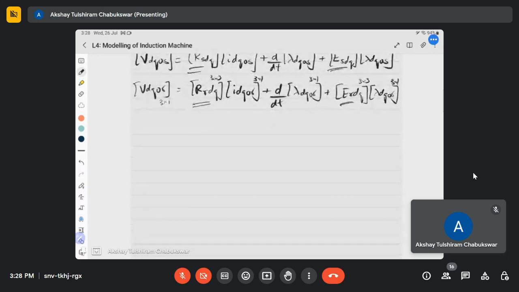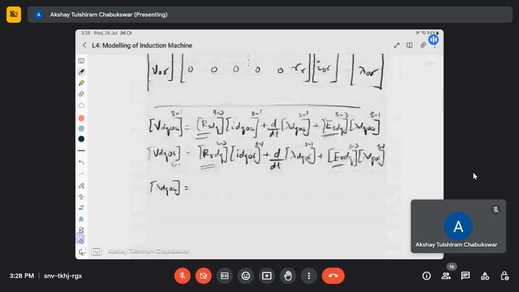Similarly for lambda dq0s, what is the term that you will observe?